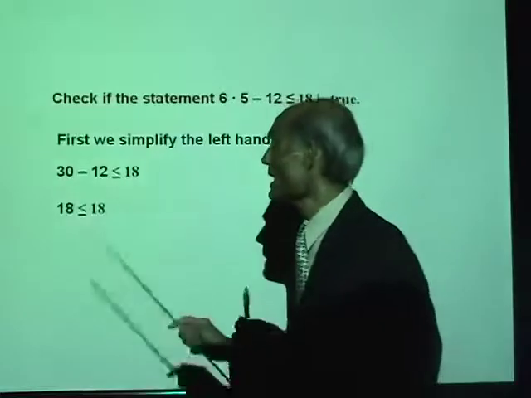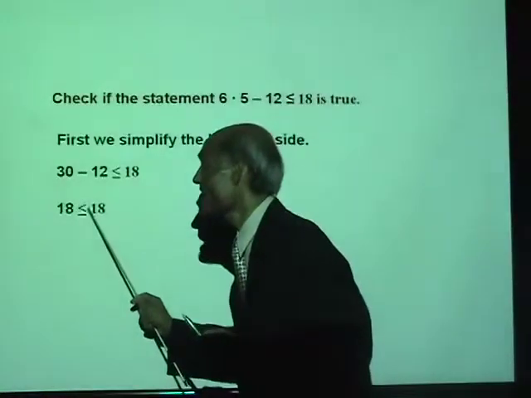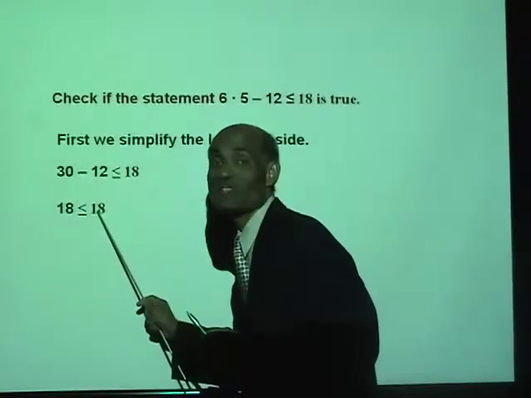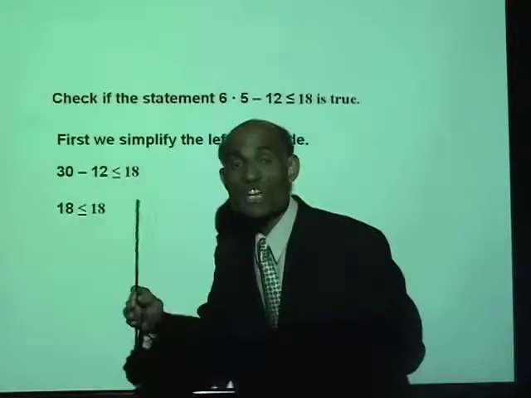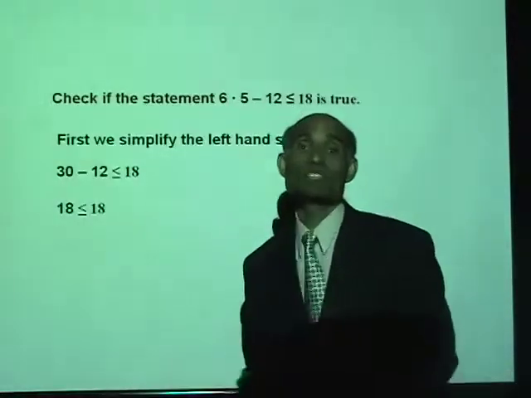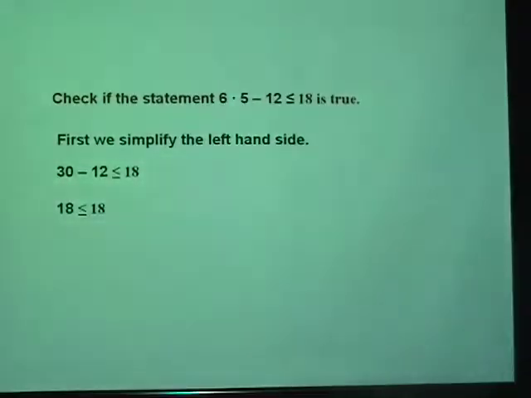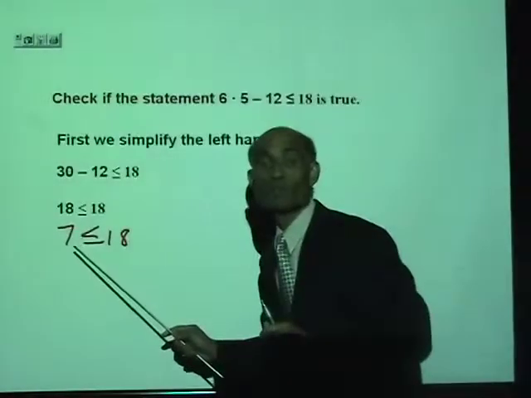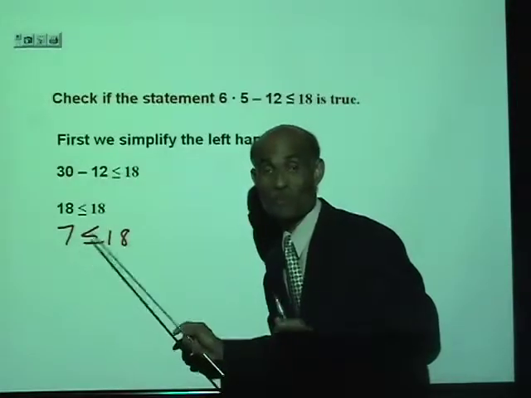In the same way, 18 less than or equal to 18, because 18 equals 18, is a true statement. Now, I can also say that 7 less than or equal to 18. Is this true? Yes, this is also true. Why?